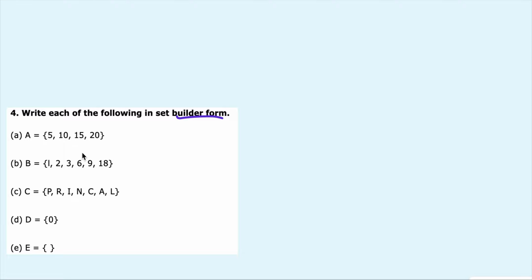So before we were taking roster form and just answering questions accordingly. Now we're going to start taking roster form and changing it into set builder form. So go ahead and take a couple of minutes and answer them, and we'll be right back.